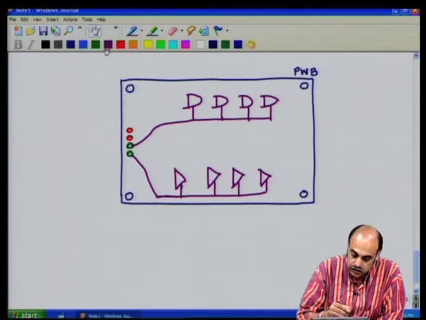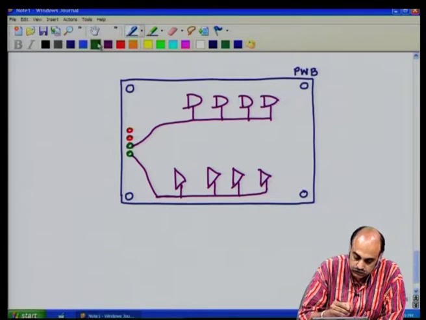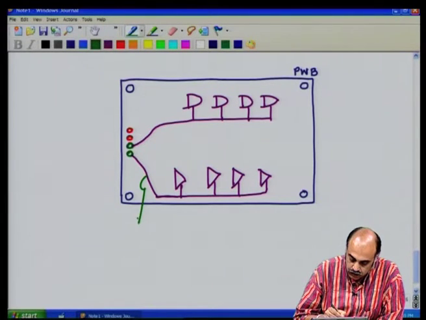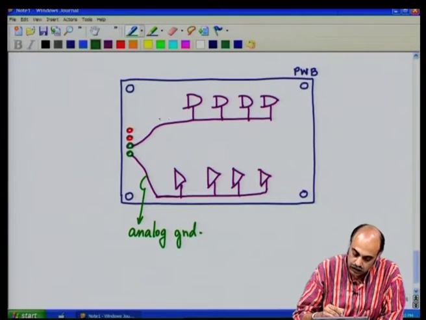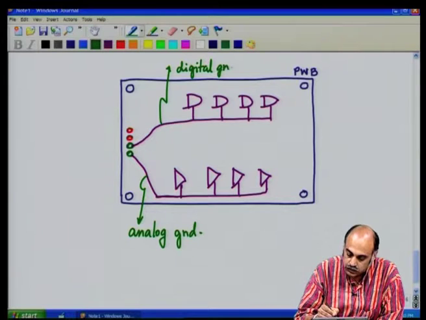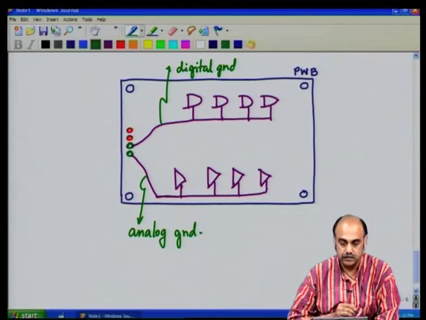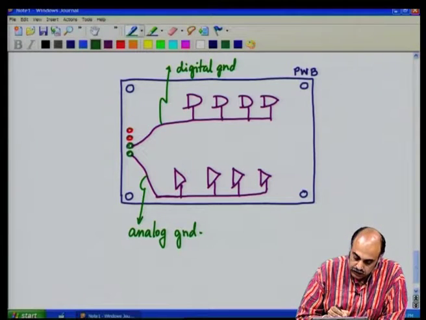Now, which means you have an analog ground, this is called the analog ground, and this is called digital ground, and these two grounds are not mixed. You need to connect it at the most stable point, which is at the entry point to the PCB or further out.